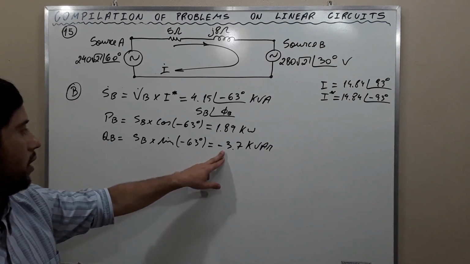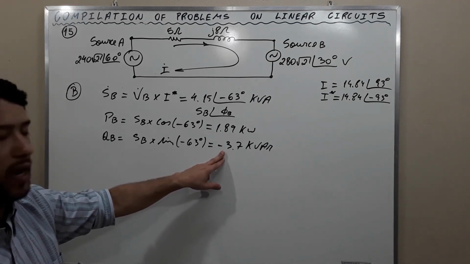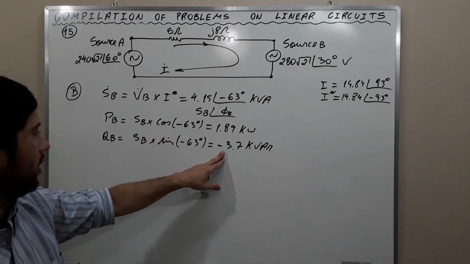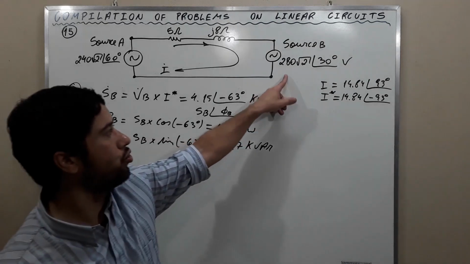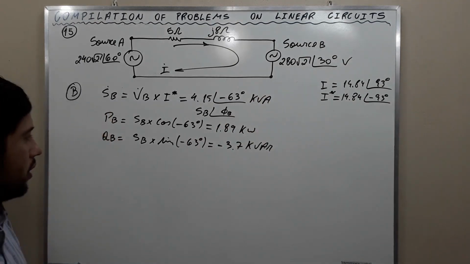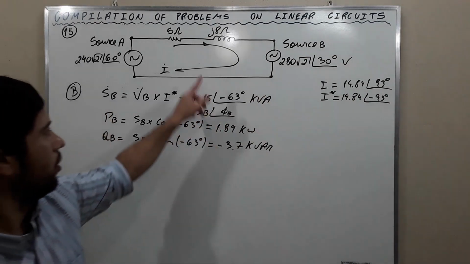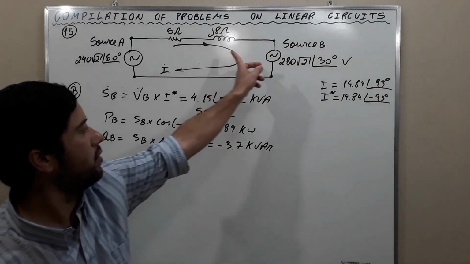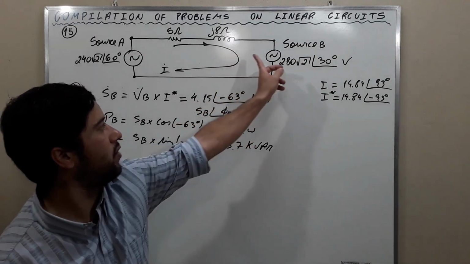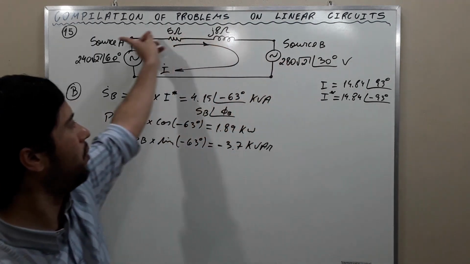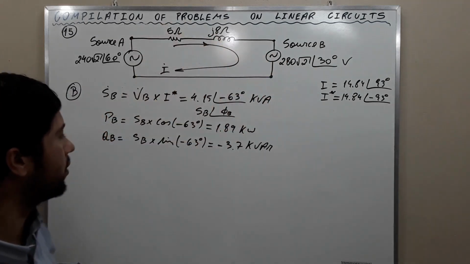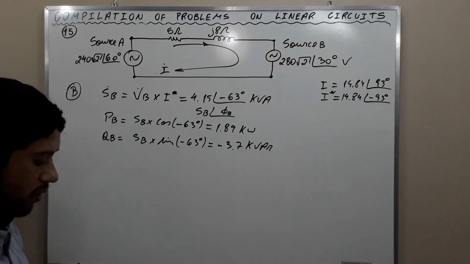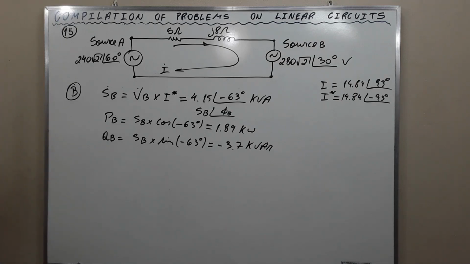And if we had found a positive sign here, it would also mean that it is consuming, but not in reality. We see that this negative sign here means that power is flowing in the opposite direction, in the negative direction of the current, which means that source B is actually supplying reactive power.